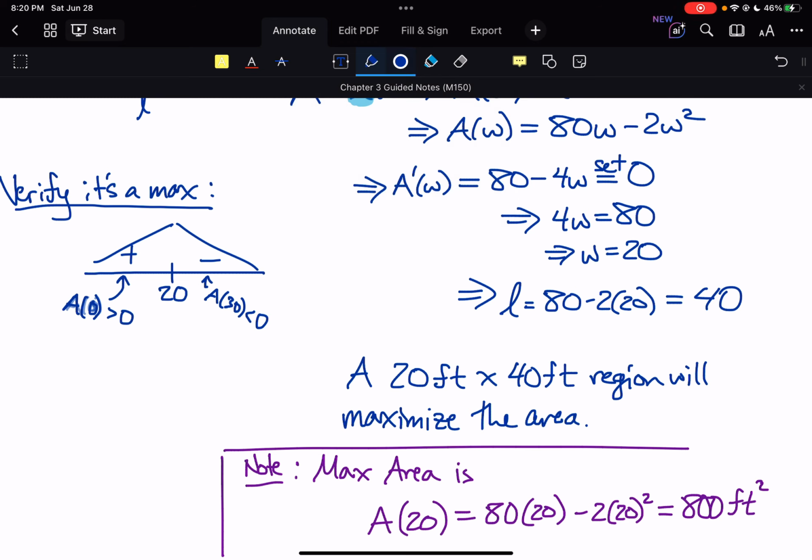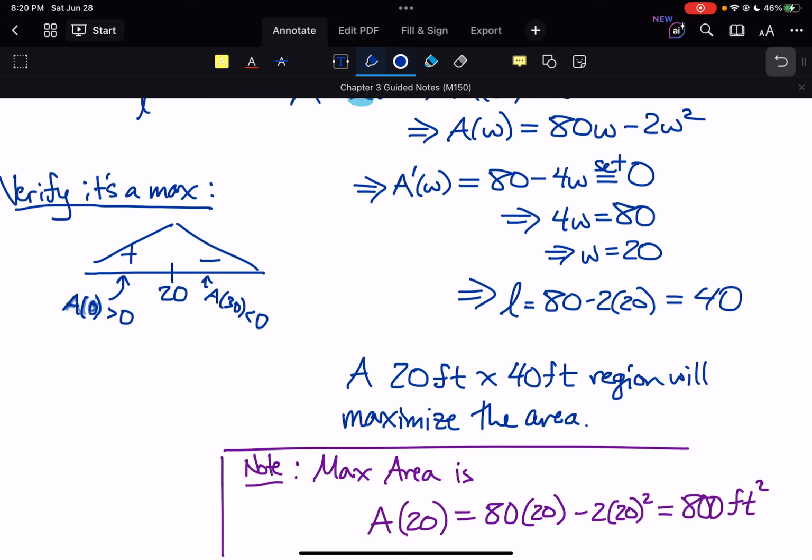And again, this question in particular did not ask for that. But if it had, there's plenty of times where students will get the 20 and the 40, box those up as a final answer and say, we're all done. And then they don't go back and read and say, oh, the question actually asked, what is the maximum volume? Or it could ask for both.